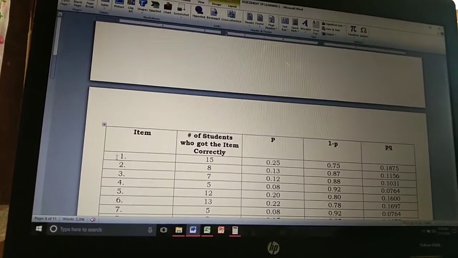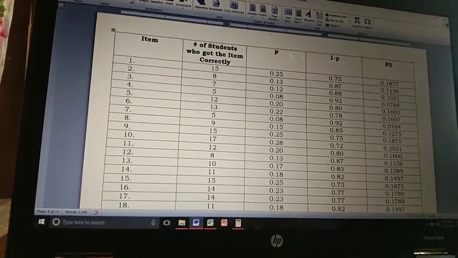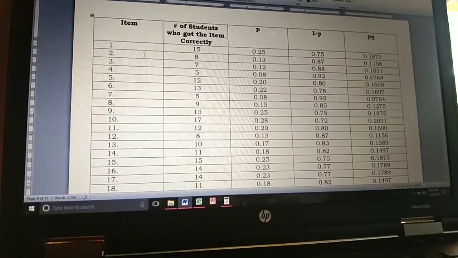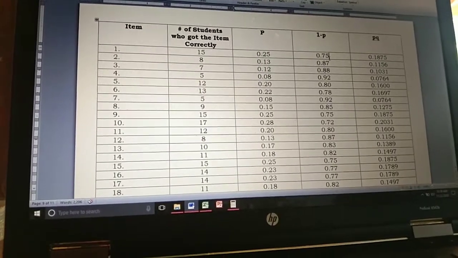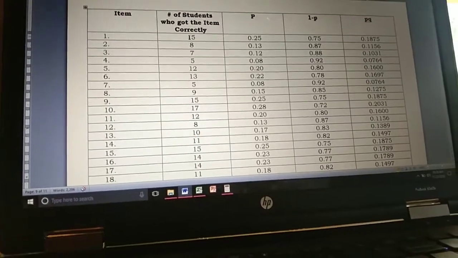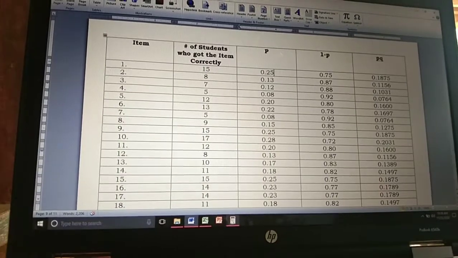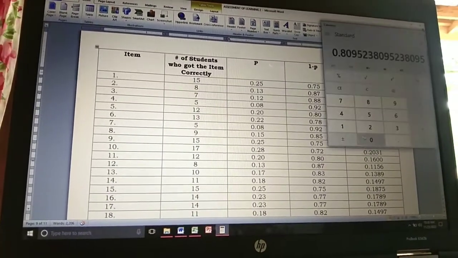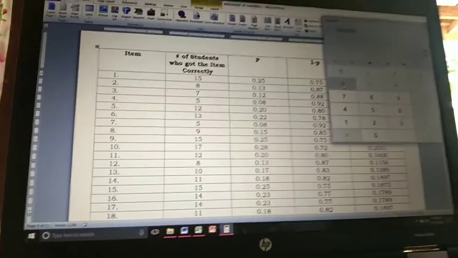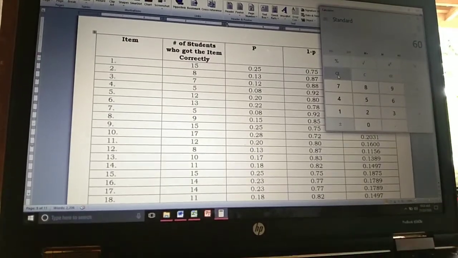Okay, item. So we have 60 items, di ba? Okay, 60 items. So, sa item number 1, may nakatama na 15. So we have the P. Proportion ito ha, proportion ng mga nakatama who got the item correctly. So by doing this, you can use 15 divided by the total number of test item.